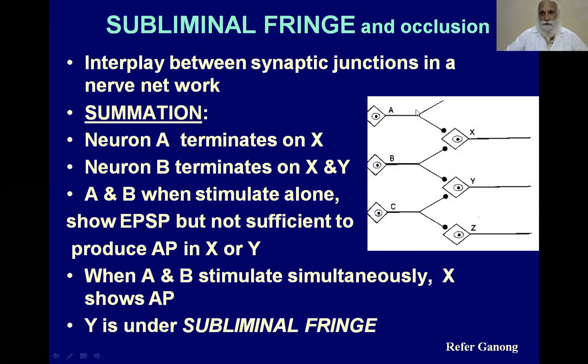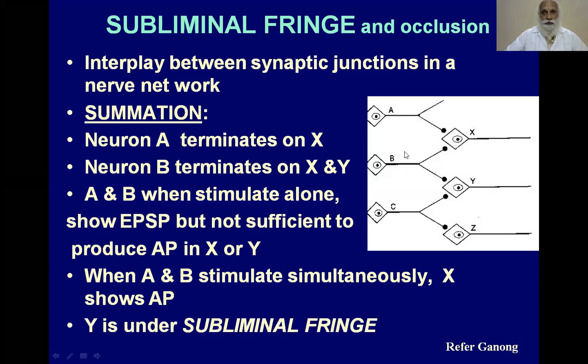So you can see A is supplying X, B is supplying X and Y, C is supplying Y and Z. Now, neuron A terminates on X, neuron B terminates on X and Y. And if you stimulate A and B, when they are stimulated alone, they will show EPSP. You stimulate this, this will show EPSP. You stimulate this, this also will show EPSP. But not sufficient to produce an action potential.